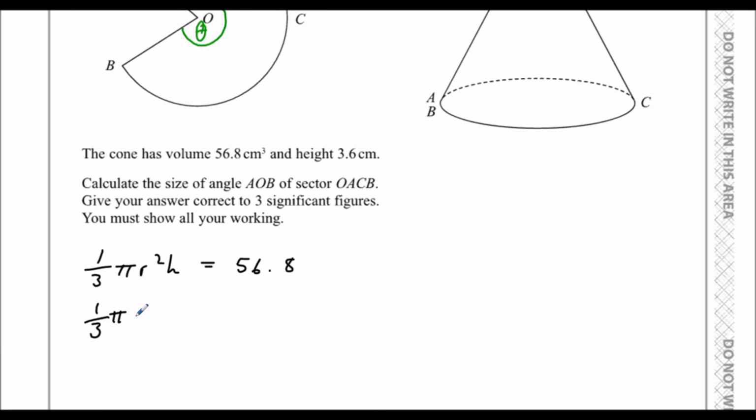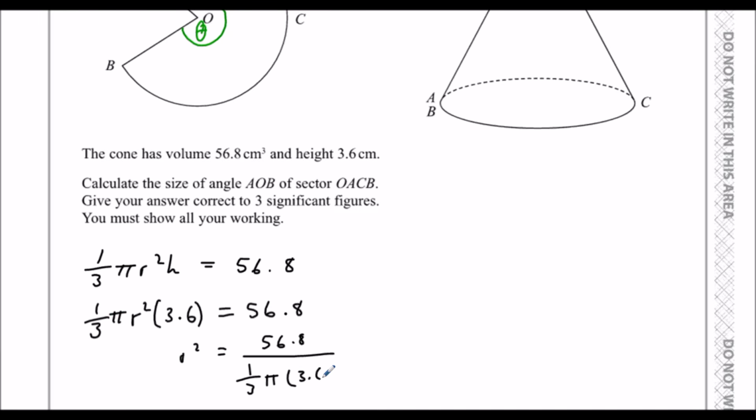So 1/3 times pi r squared times 3.6 equals 56.8. We want to find r here, so r squared is 56.8 divided by 1/3 pi times 3.6.